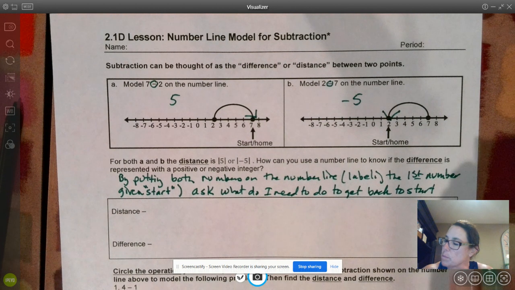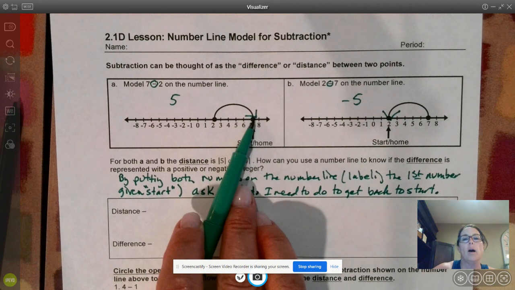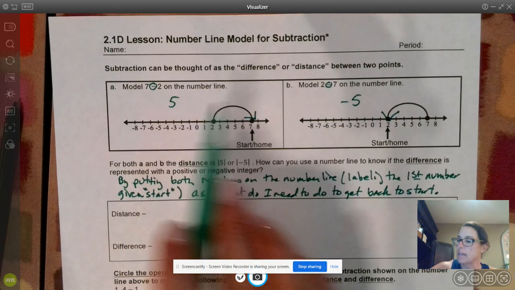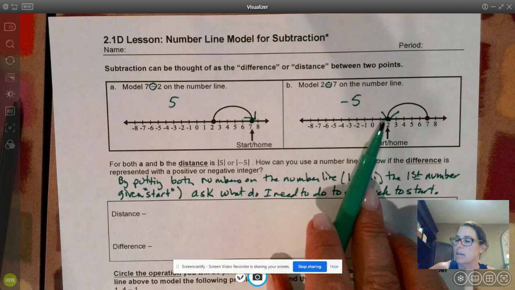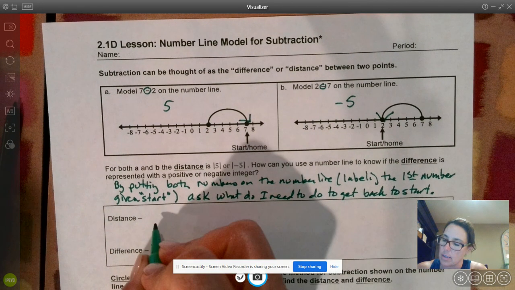Okay, so it's important to understand moving to the right is a positive number, and then moving to the left is a negative number.